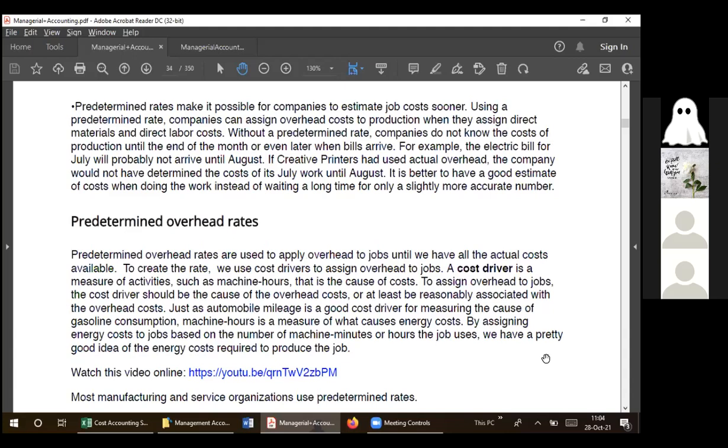For example, the electricity bill for July will probably not arrive until mid-August, maybe. If Creative Printers had used actual overhead, the company would not have determined the cost of its July work until August. It is better to have a good estimate of cost when doing the work instead of waiting a long time for only a slightly more accurate number.